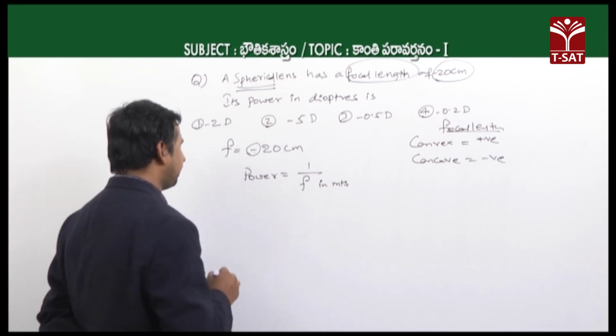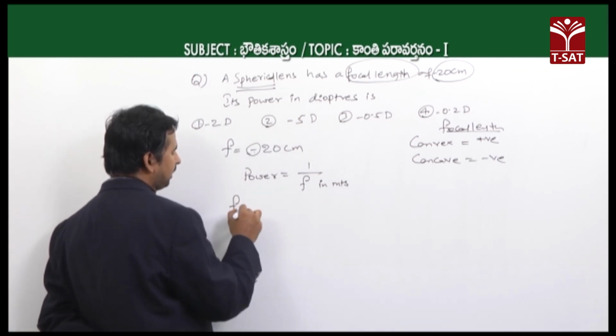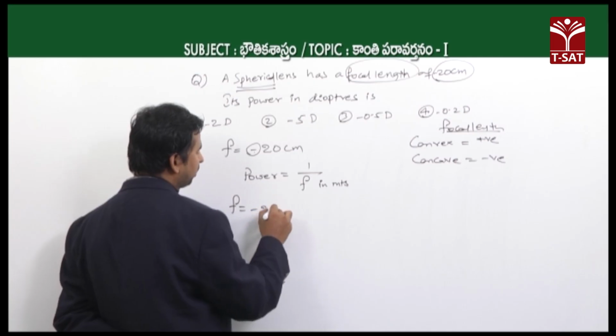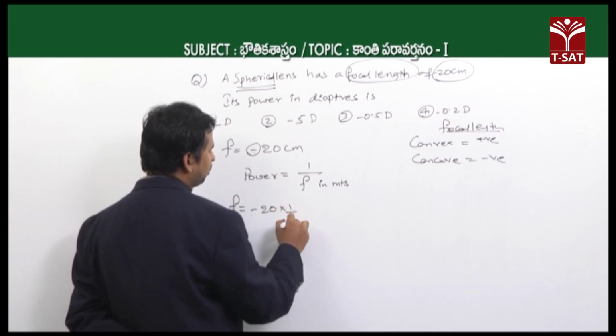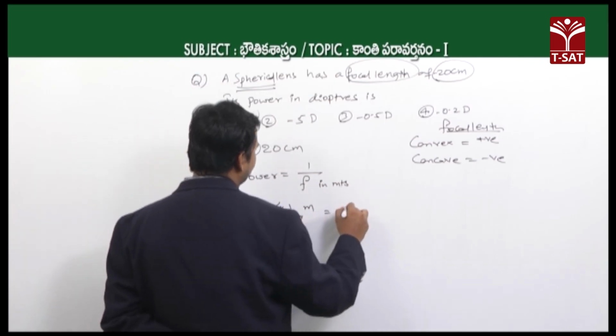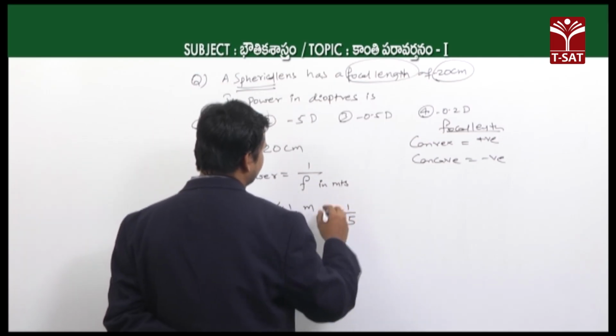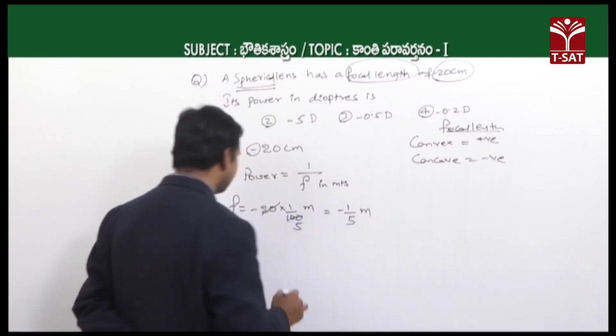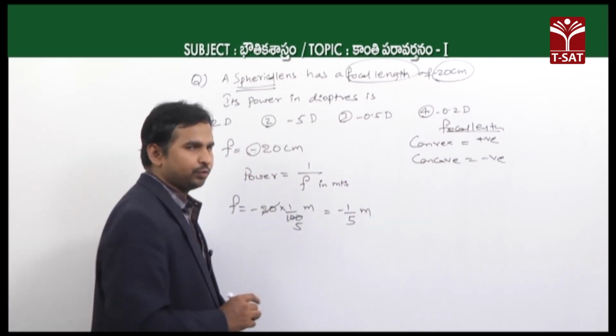As the focal length is given in centimeters, f is equal to minus 20 centimeters, into 1 by 100 meters. Then it becomes minus 1 by 5 meters. That is the focal length in meters.